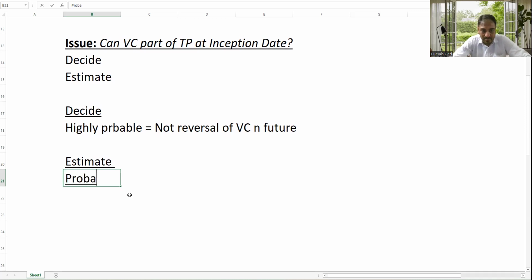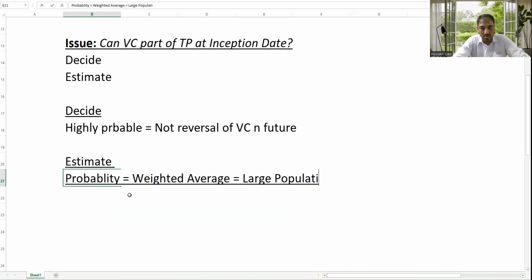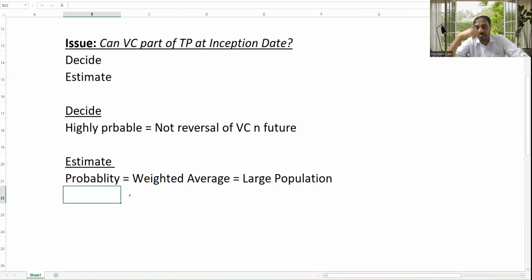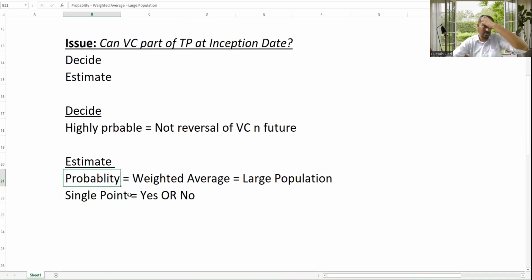Either probability, that means weighted average, if there is a large population, or another point is single point. Single point means yes or no.